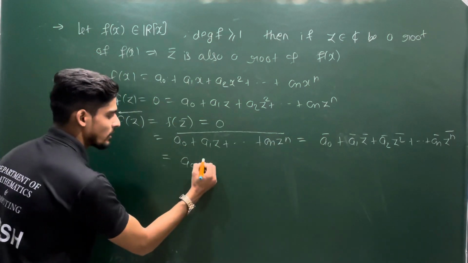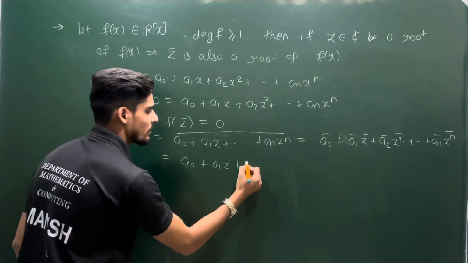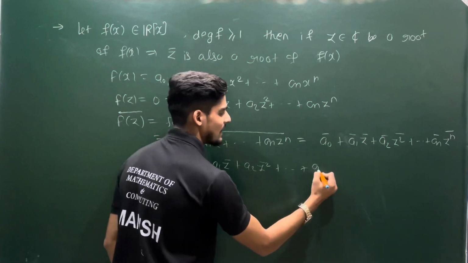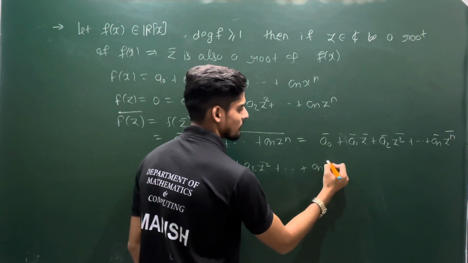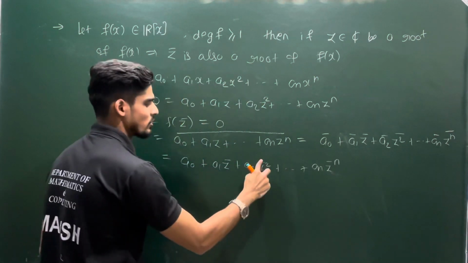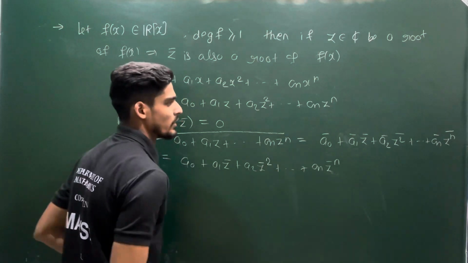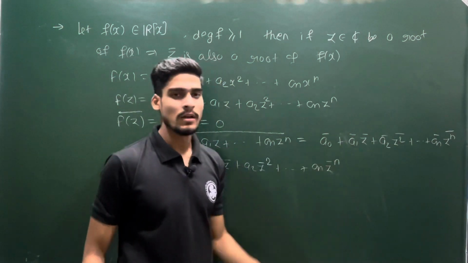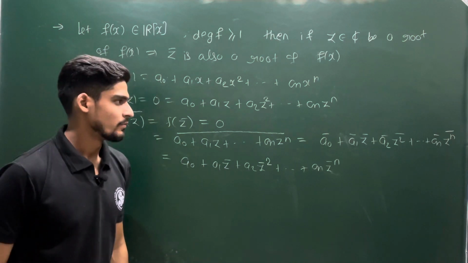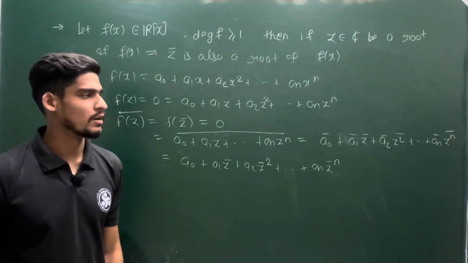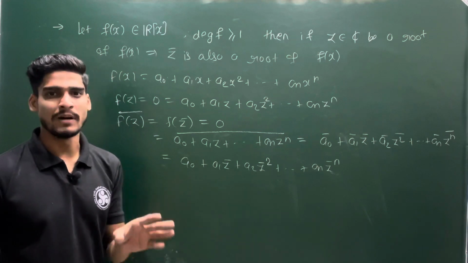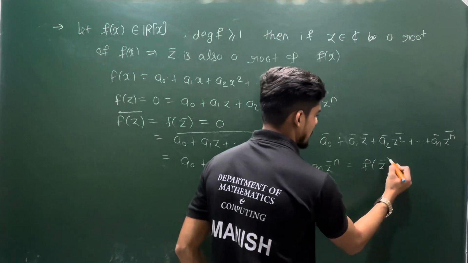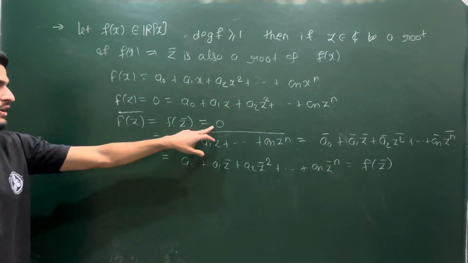So it will be a0 plus a1 z bar plus a2 z square bar plus up to an z bar power n. You can also write z bar whole square, because either you write z bar whole square or z square bar, it is going to be the same. That you can do, because we know that conjugate of z1 z2 is the same as z1 bar z2 bar. So this is nothing but f of z bar, and this is 0.